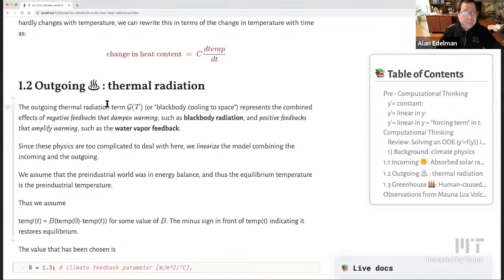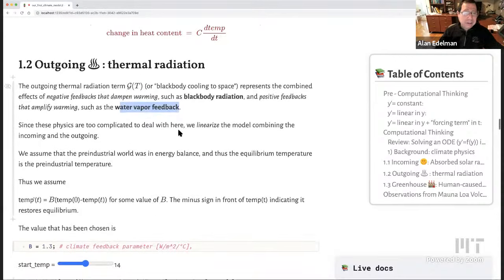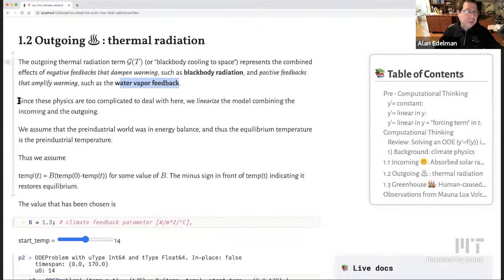Okay, so the outgoing thermal radiation is actually a combination of the black body radiation of the Earth radiating its heat out into space. That would cool the Earth. There's also a little bit of warming due to water vapor feedback, and again, I'm following Henri's lecture here and accepting the fact that these physics are very complicated to deal with.